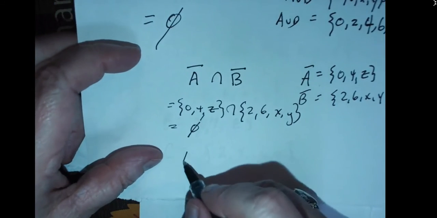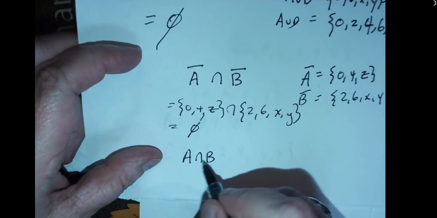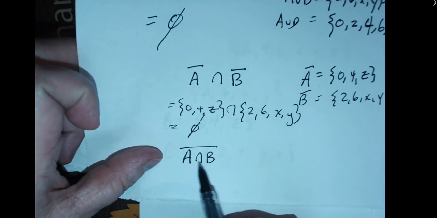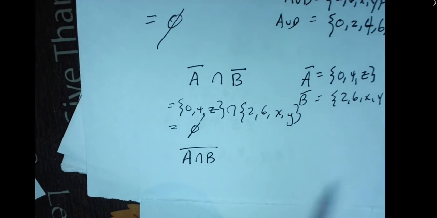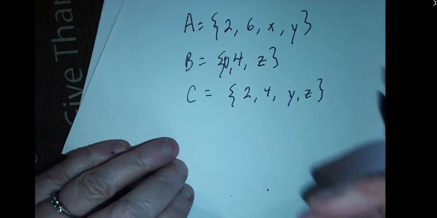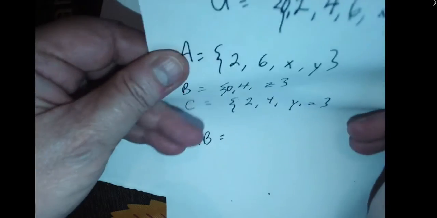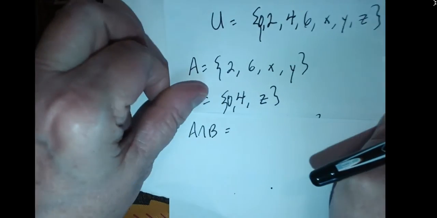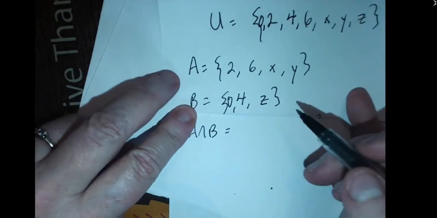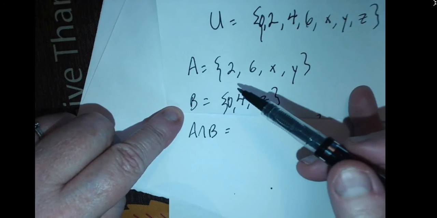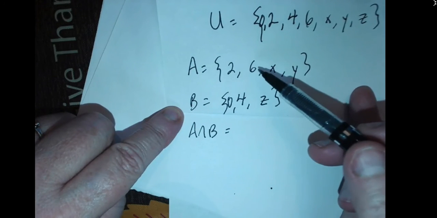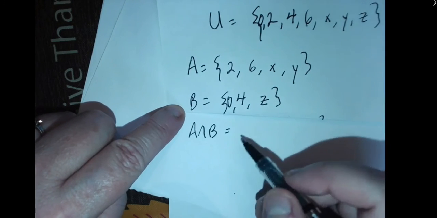Okay. Now, what if you had that? Well, you have to get A intersect B first. And did we do A intersect B? I don't know if we have. Okay, well that's okay. And we can see there's nothing in common between these two.